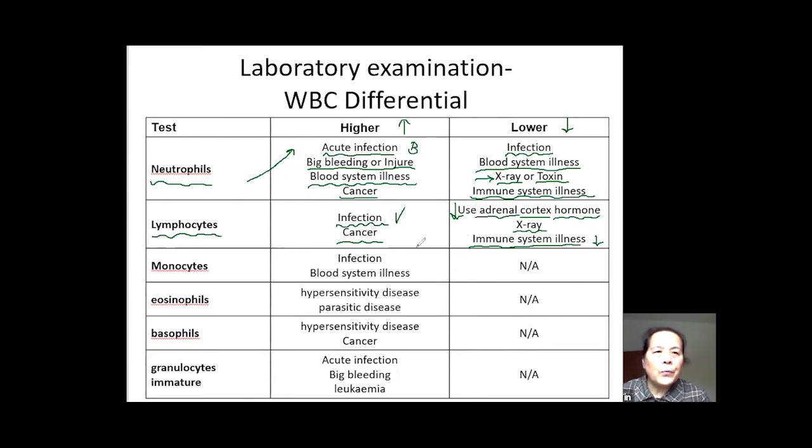The other three are basically just a small amount in there. If their number increases, it has some meaning. If their number decreases, basically no meaning. The number is already pretty small in there.